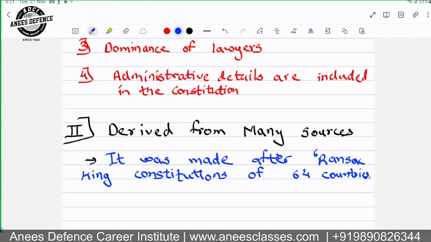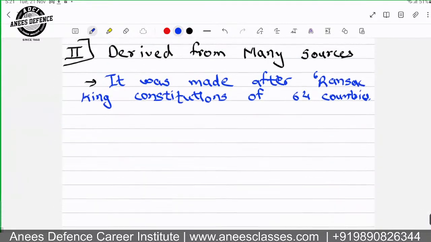Now, let us very quickly see the sources of Indian Constitution. This is very important from MCQ point of view.